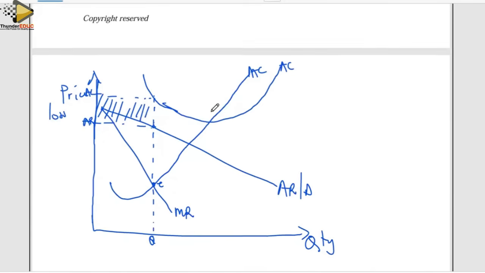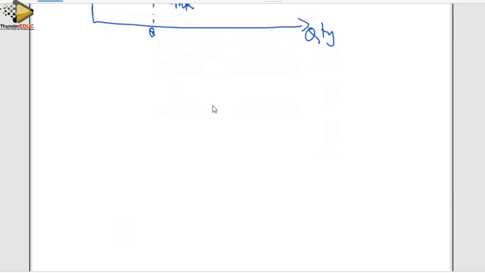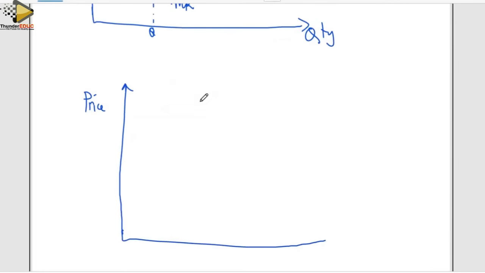But if you see a situation like this, this is your revenue, cost, or price axis, and the horizontal axis indicates the quantity.